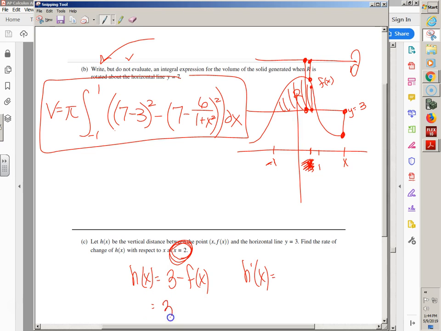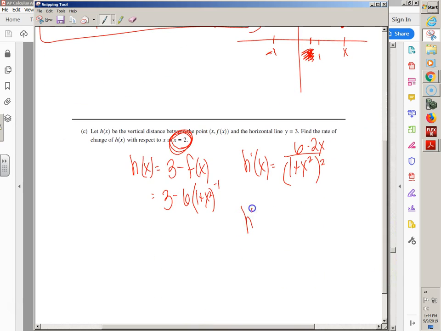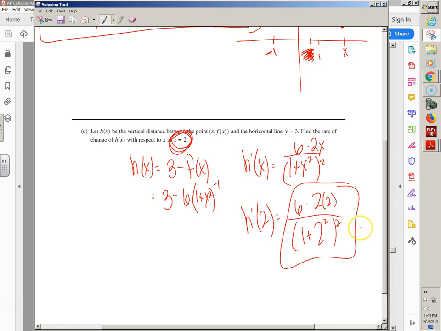I would rewrite it and double check: is it 1 plus x squared to the negative 1? The derivative of 3 is 0. Bring down the negative, and negative is a positive. I would have 6 over 1 plus x squared to the second power times u. All I have to do to finish is plug in 2. Fine, but don't take away my points. Not today.